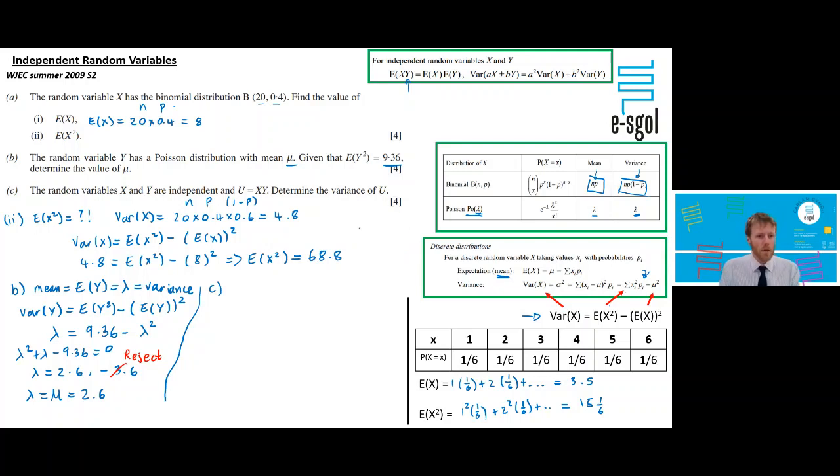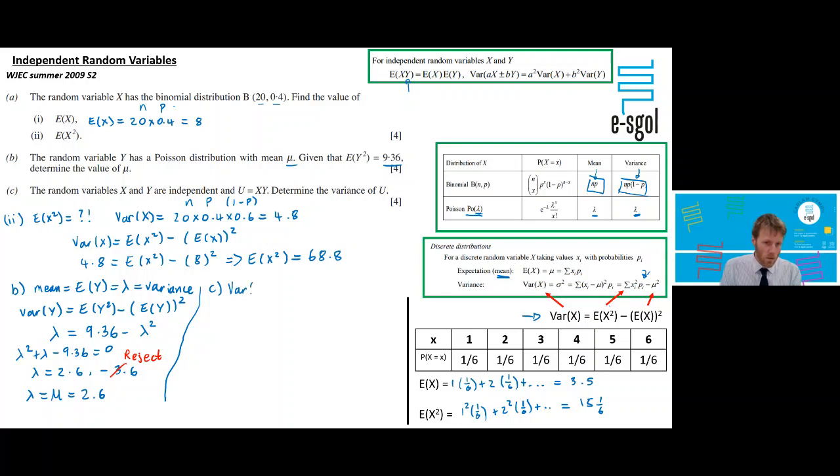Now, part C: the random variables x and y are independent and u equals x times y. Determine the variance of u. For this one, we're combining the two random variables above, which is quite common for our exam board.